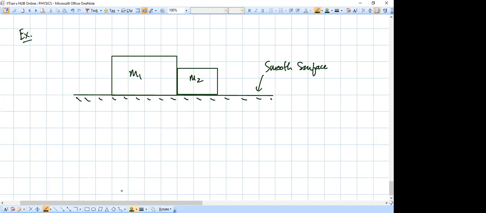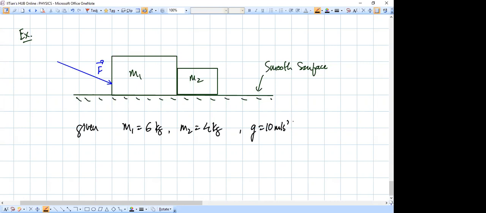And now what we are doing is we are pushing the combination with a force like this. So given that m1 is equal to 6 kilograms, m2 is equal to 4 kilograms, take acceleration due to gravity as 10 meters per second square.